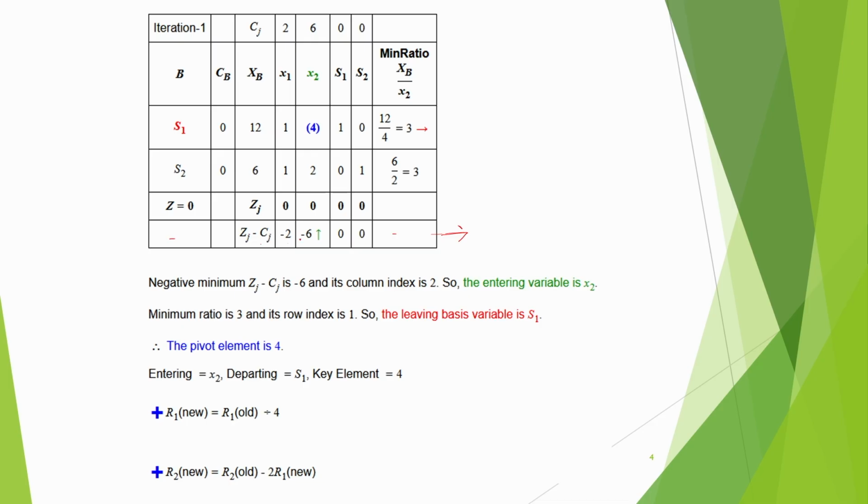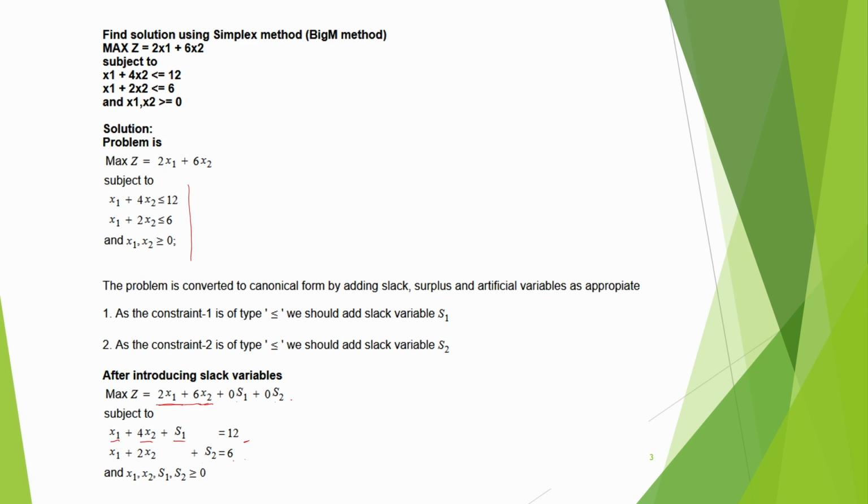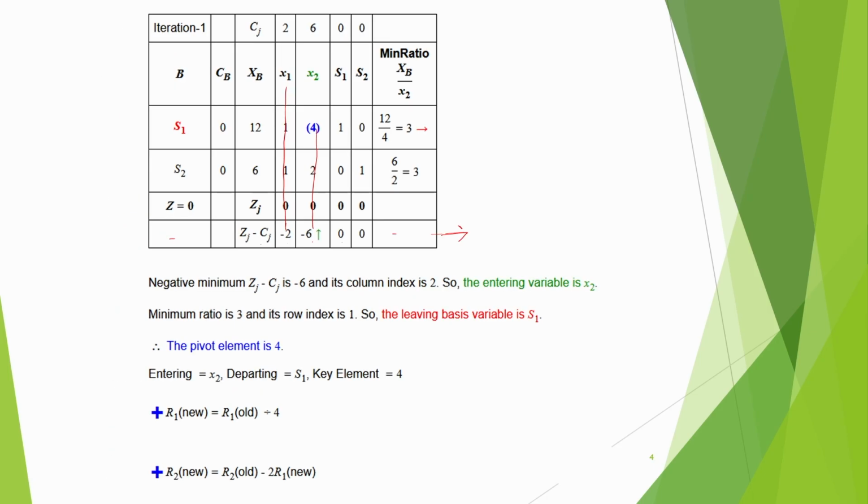It is -2, -6, 0, 0, because -2 means the coefficient of x1, minus 6 means the coefficient of x2, and 0 is the s1 coefficient. And then, as I said, the starting basic solution is what? S1 is equal to 12, I will take. So the s1 row I will write, and this is 12.